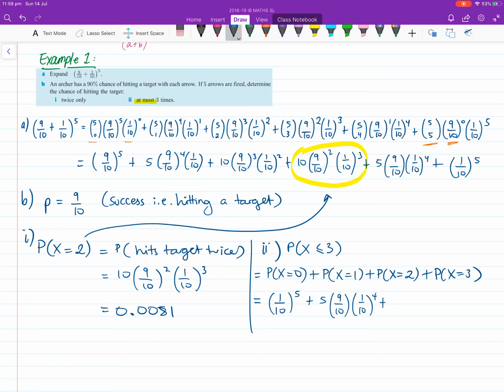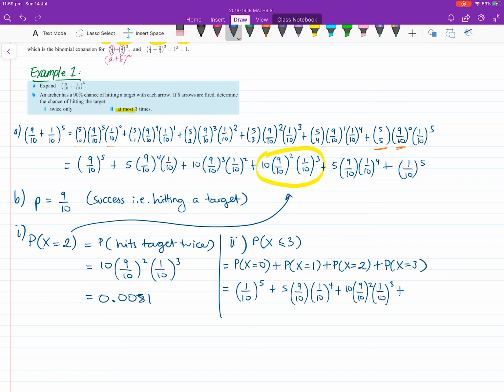Does that make sense? Plus, and then where is P of X equals 2? Where is it where you hit the target twice? That'll be 10 times 9/10 to the power of 2, 1/10 to the power of 3, plus, and then hitting the target 3 times is going to be 10 times 9/10 to the power of 3 times 1 on 10 squared.